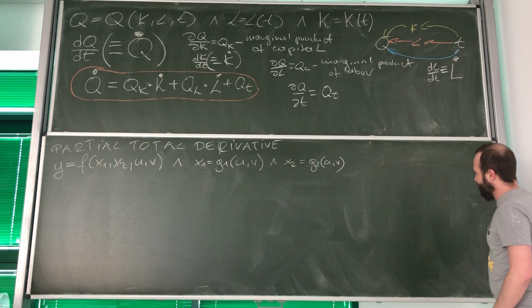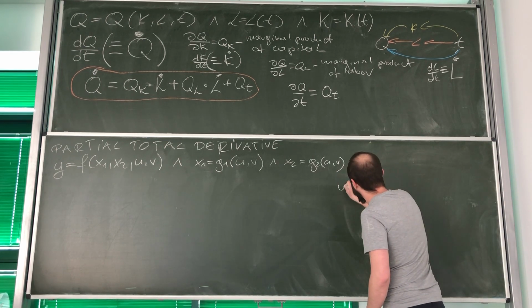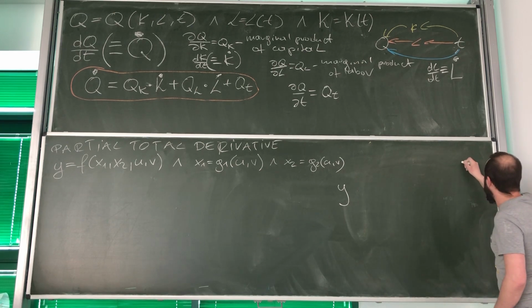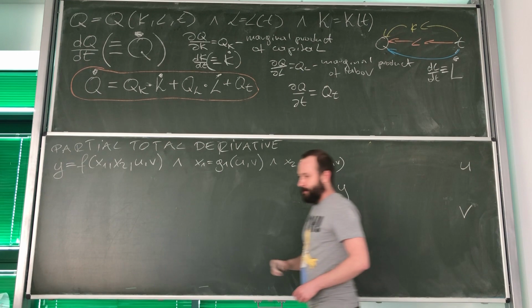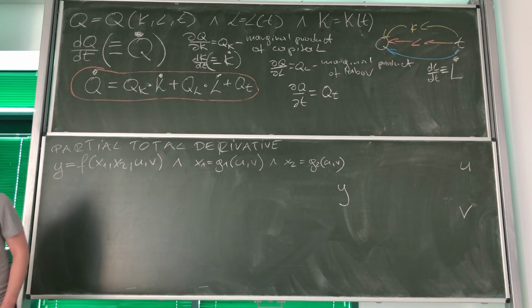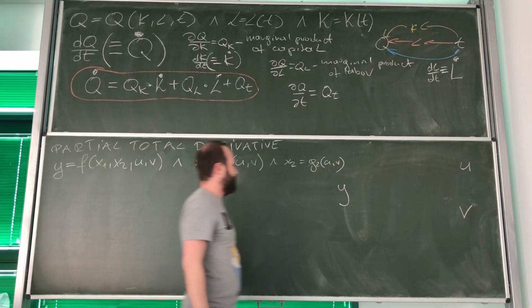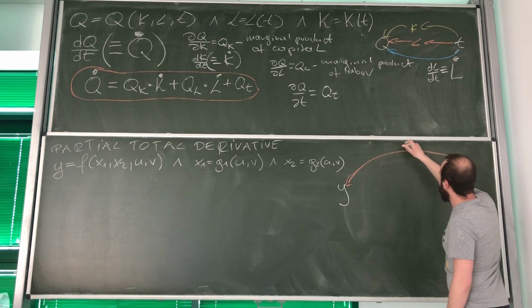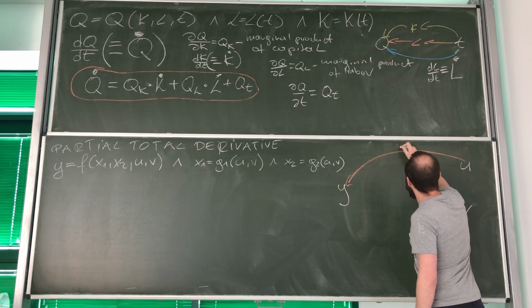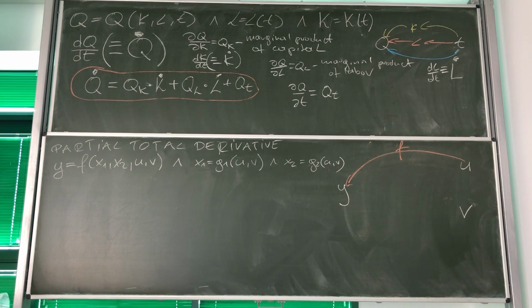Okay, what do I mean by that? Look, here we have y. Let's just say here we've got u, here we've got v. Now what do we see over here? u can influence y directly through function f, right?